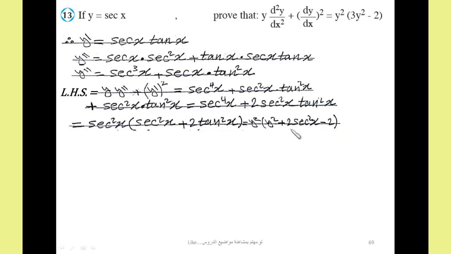Because sec squared is y squared. So when we have 2 sec squared, we can substitute it by 2y squared. So y squared plus 2y squared equals 3y squared minus 2. And this is the required itself.